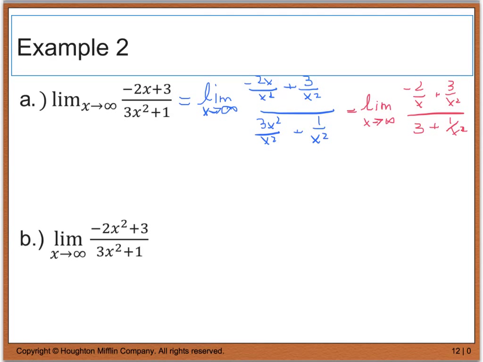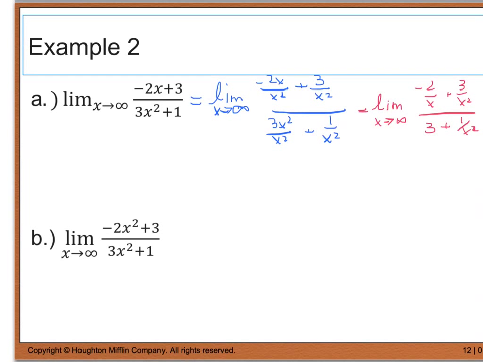As I plug in infinity for x, a negative number divided by infinity is going to give me 0. So we'll say 0 plus 3 divided by an extremely large number, or infinity squared, is still going to give me 0, divided by 3 plus 1 divided by infinity squared, which is also 0. So essentially what I end up with is 0 divided by 3, which gives me 0. So the limit for part A is approaching 0.